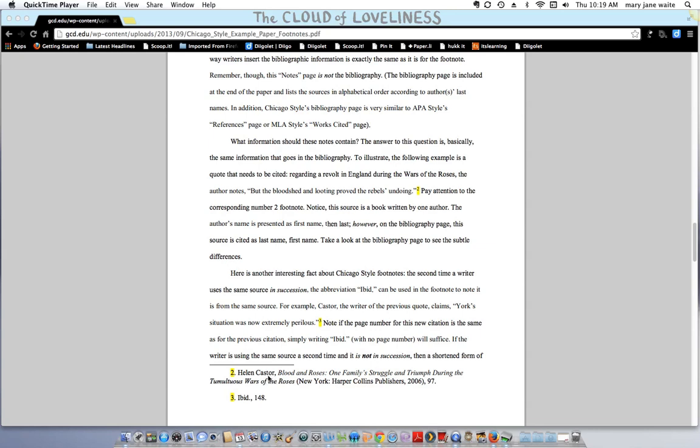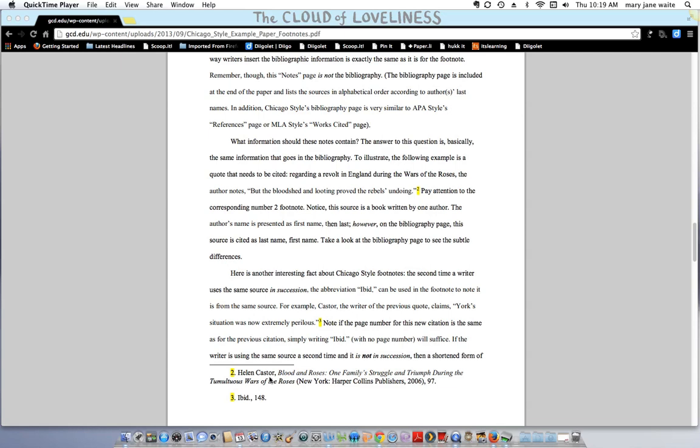And that's only at the foot of the page. When you are creating your bibliography for this research paper, you will take all of your footnote cited information and put that in your bibliography, but it will be in the normal way that you are used to seeing a citation. The author name will be last, Castor, Helen, and we will get to that a little bit later.